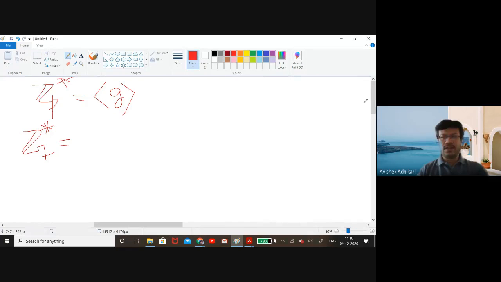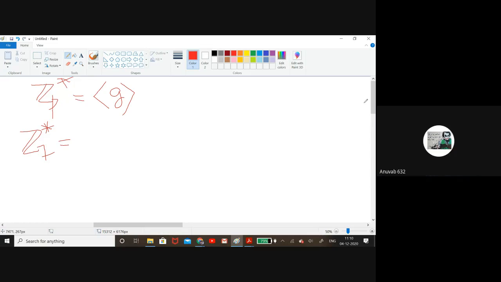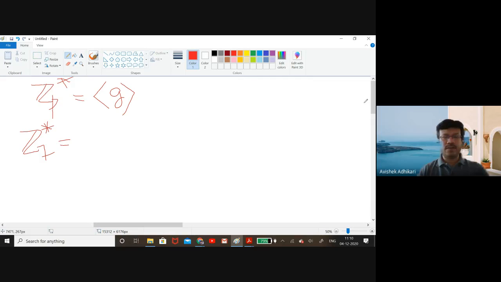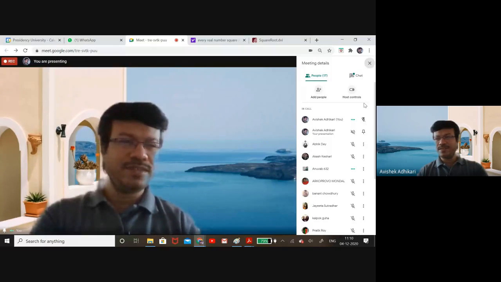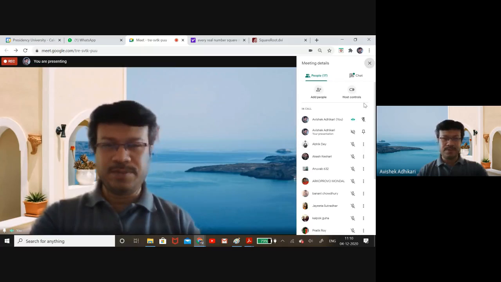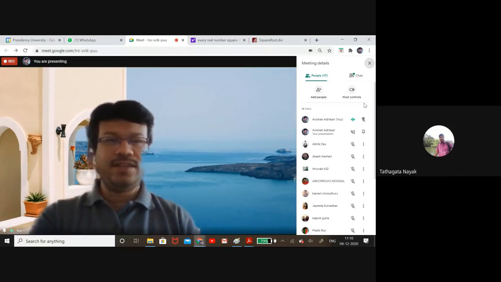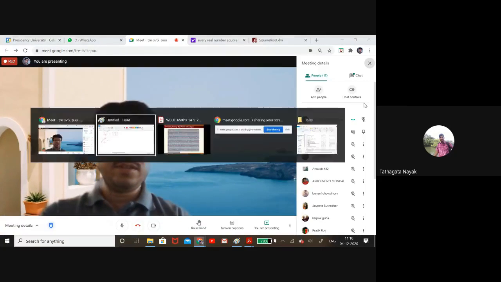How many generators are there for Z7 star? No, it's not 5 or 7.